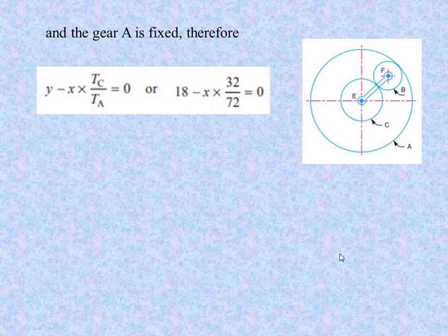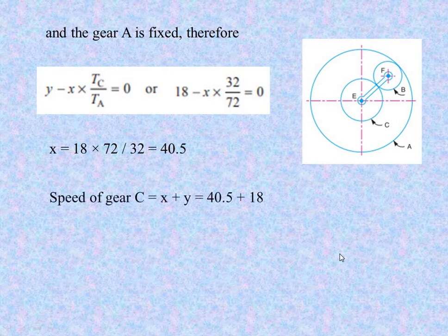So the formula will be Y minus X into TC divided by TA is equal to 0, this is gear A. We know that the speed Y, that is the arm, is 18, so 18 minus X into 32 divided by 72 is equal to 0. So we get X is equal to 18 into 72 divided by 32, so directly X is equal to 40.5.